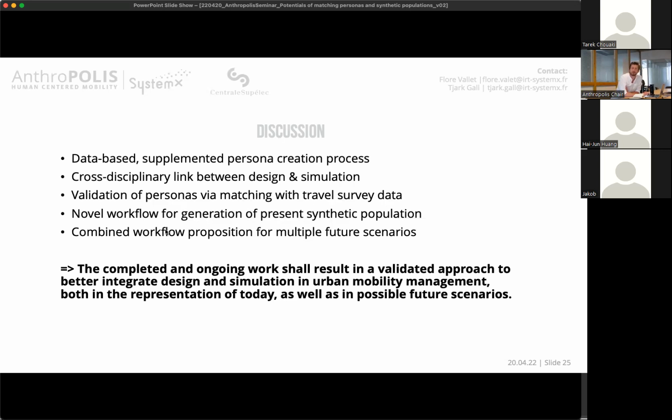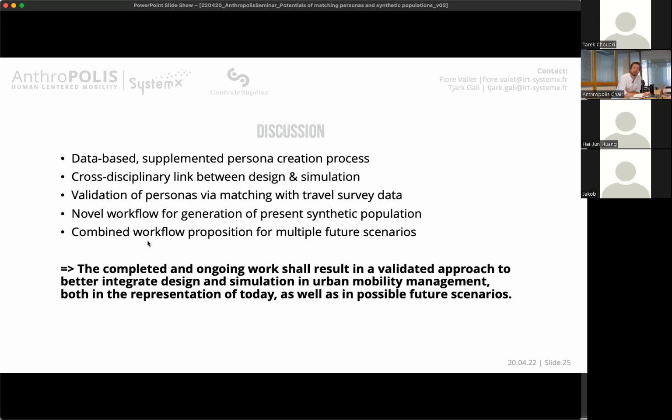And then, well, this is also work in progress. So this is also more the side of Sebastian, so I will not say too much about it, but the idea there is to then maybe supplement or develop a second approach to generate synthetic populations, which include more value-based, more qualitative input and so on.